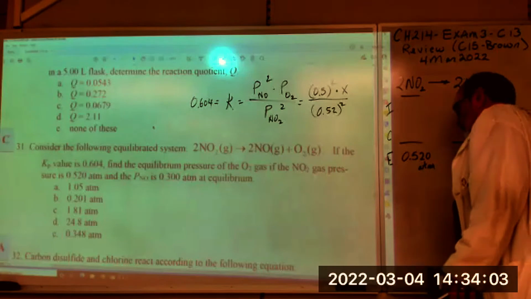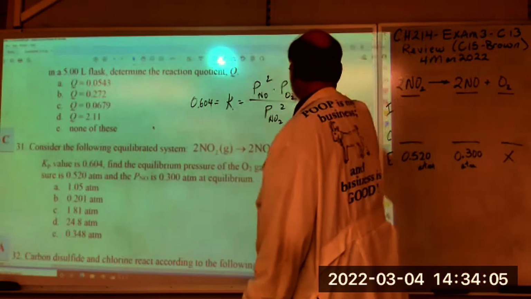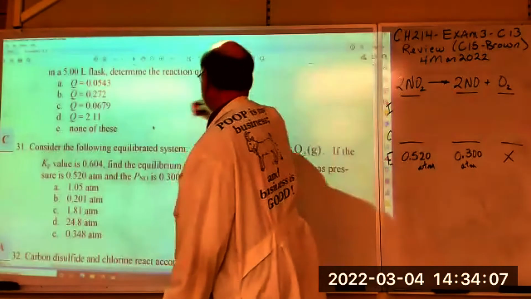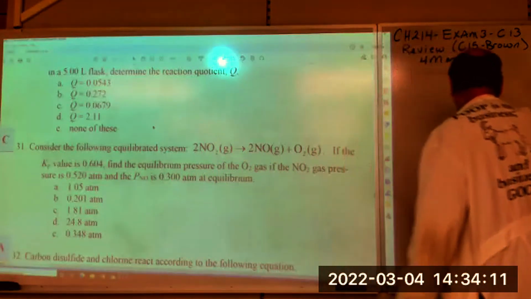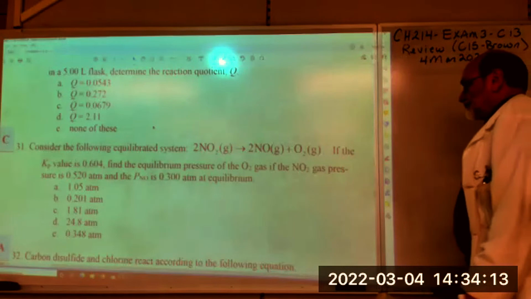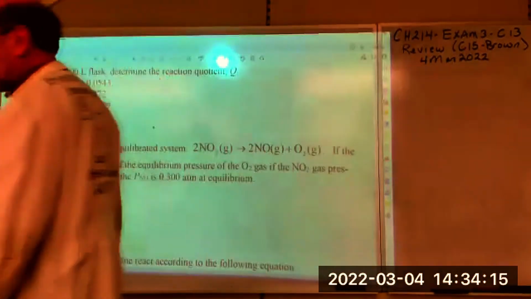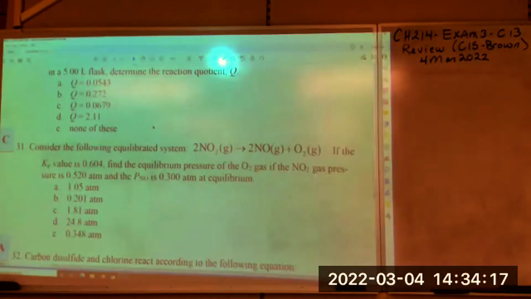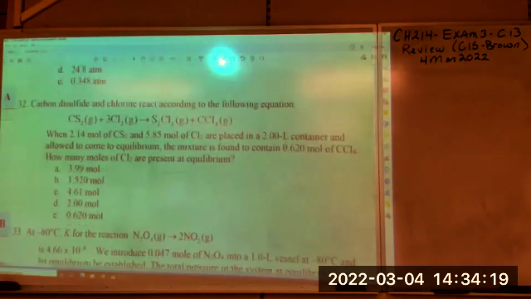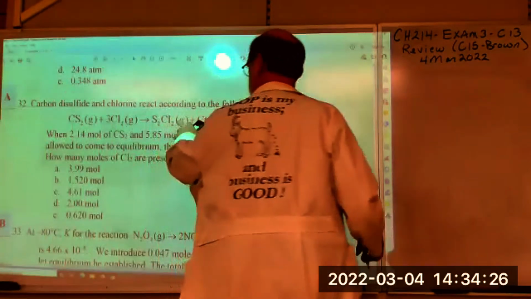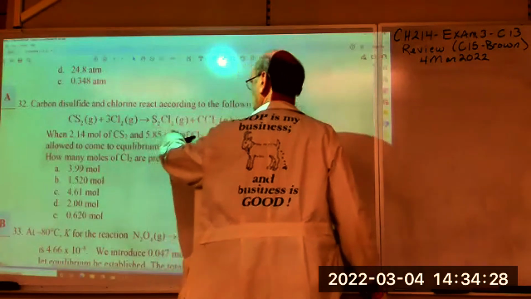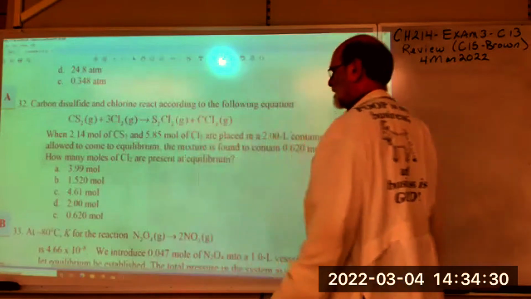Okay? That was 31. Carbon disulfide and chlorine react according to the following equation to make disulfur dichloride and carbon tetrachloride.